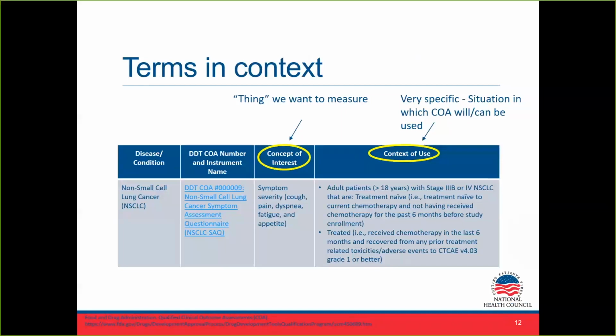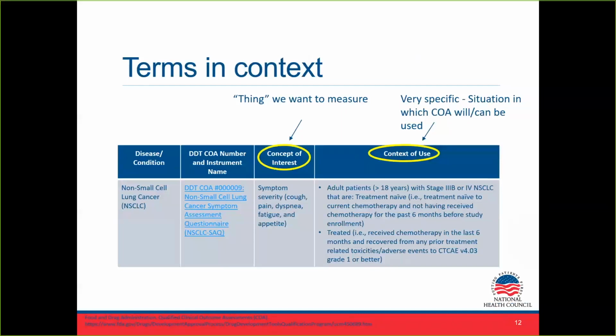Yeah, so the FDA's qualification program, the staff at the FDA in clinical outcome assessment are in charge of reviewing clinical outcome assessment measures that are submitted to them for review and for certification, I believe is what the word is called.